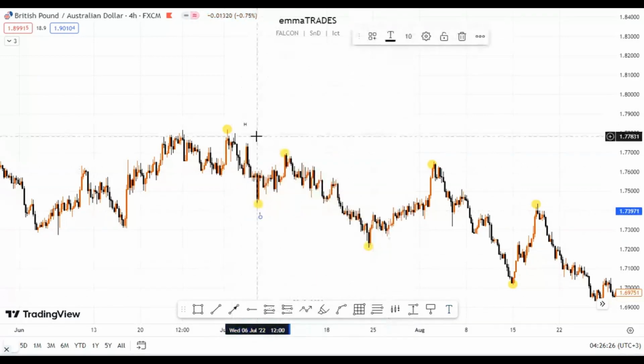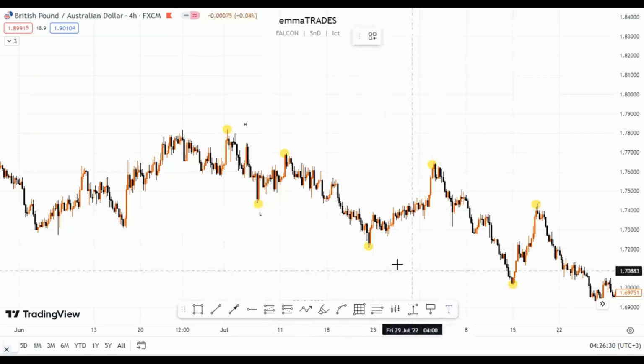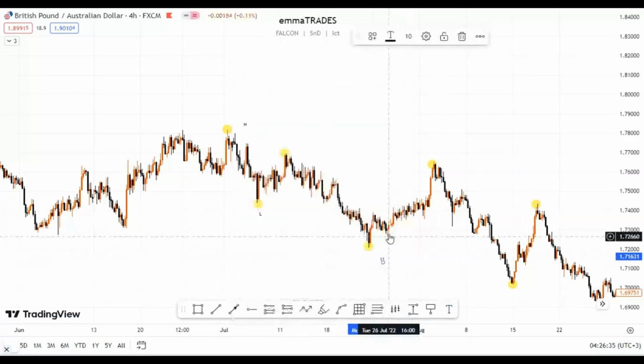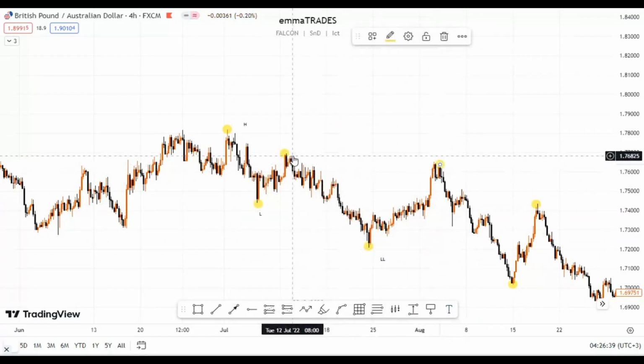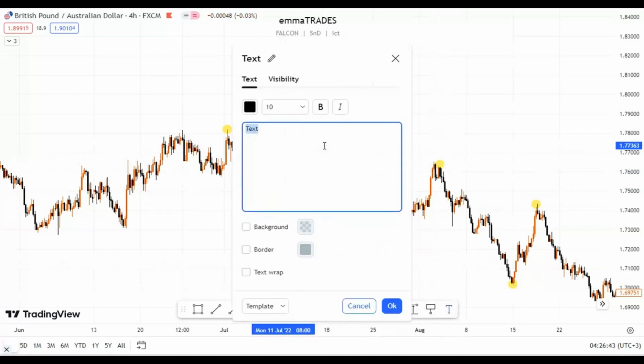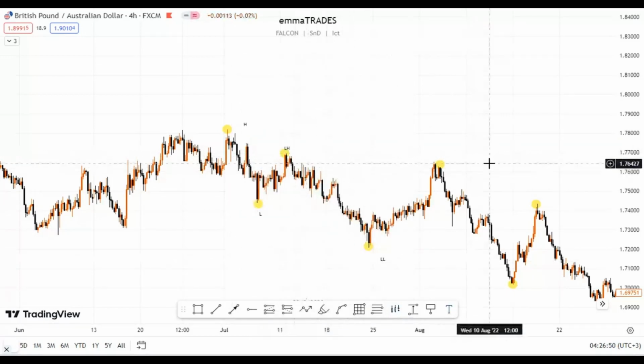Then price comes down, breaks this low, and forms a new low, what we now call a lower low. Then it returns, makes a retracement to the upside, and fails to take out the previous high. So it's a lower high. As you can see on the cursor, it failed to take out the lower high. Then it reverses further downwards.